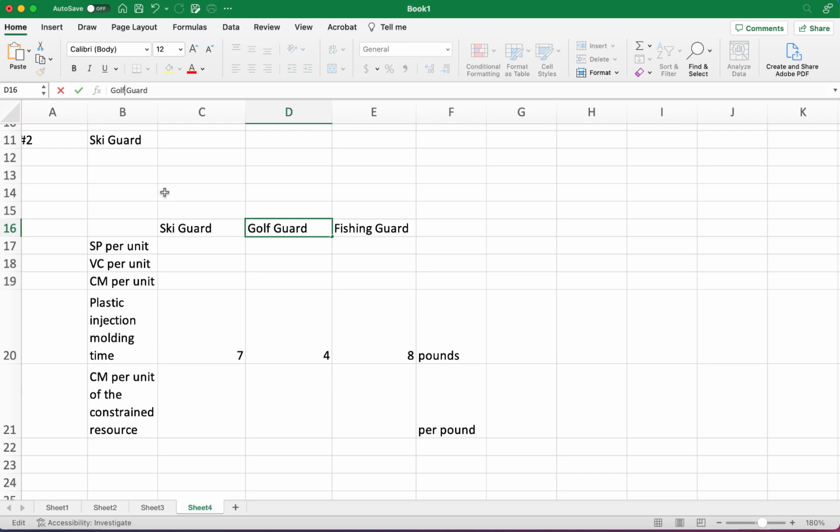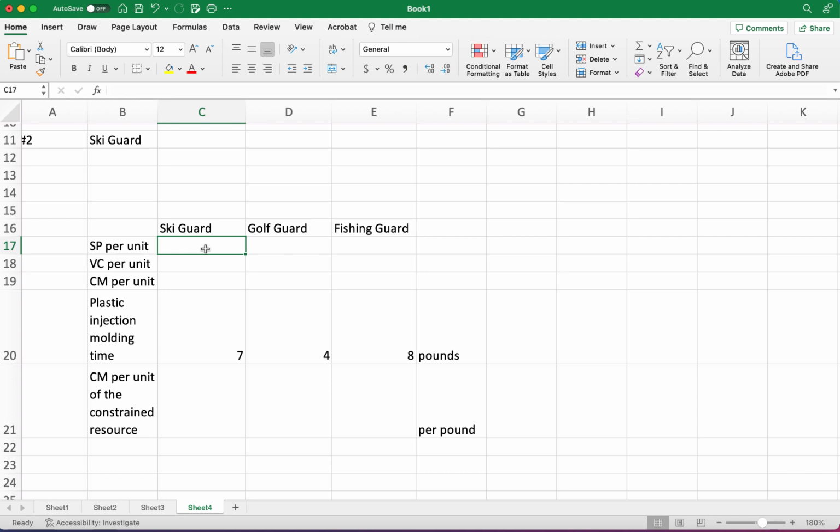You might be saying, well, what about the time on the machine? That's another assumption. We're not working with that assumption. Forget about that. Right now, we're assuming that the constrained resource is the number of virgin plastic pellets that we have, okay? We do the same exact thing that we did before, meaning we have to calculate the contribution margin for each unit, okay?